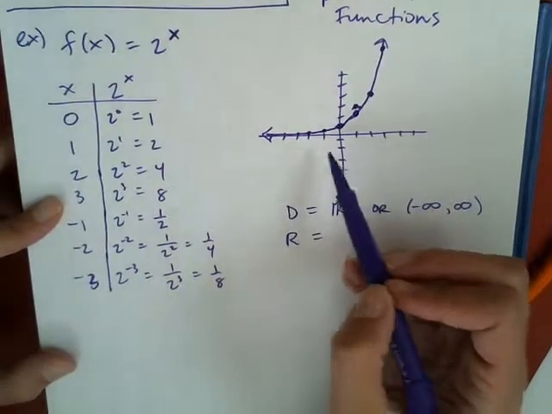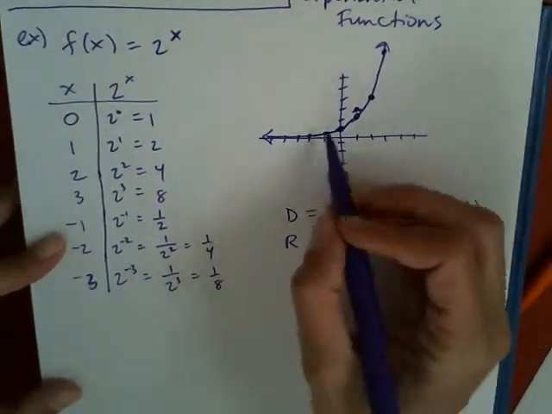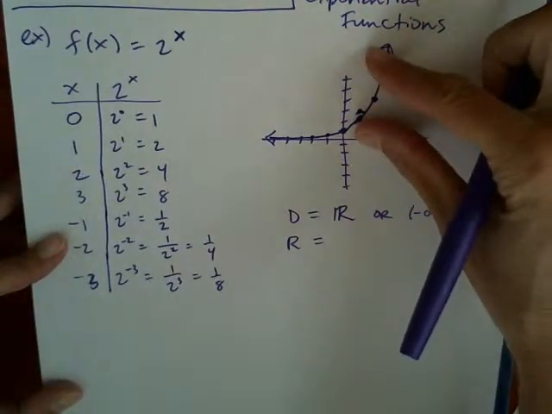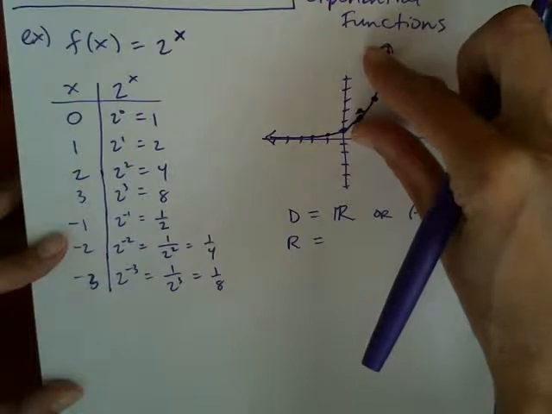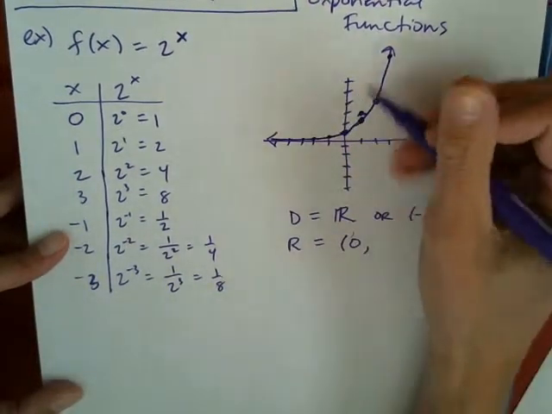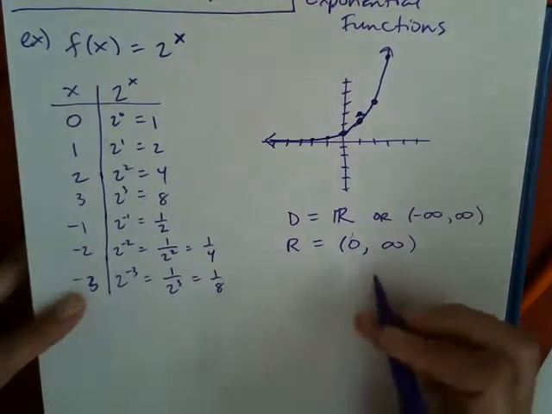I also can never get 0. 2 to a power can never be 0. So my range, I'm looking at my y values now. My lowest, just the boundary, is 0, it doesn't include it. So 0, comma, then it goes on up. So 0 to infinity. There's my range.